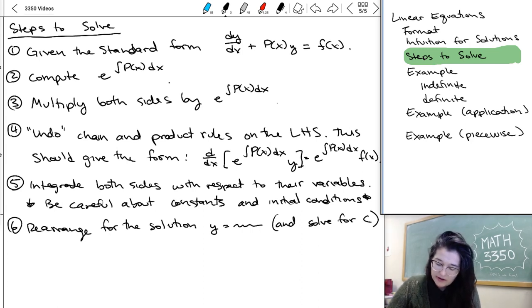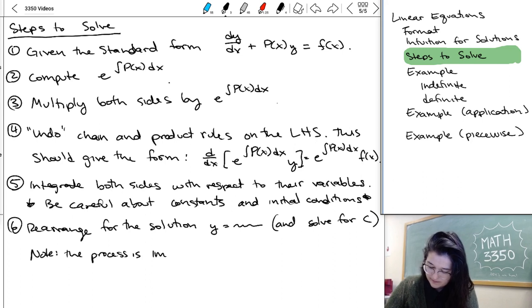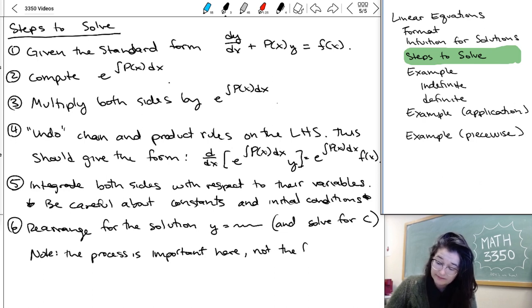I really want you to note that I care about the process, not the formula. So the thing that makes this a differential equations problem is that you start from a differential equation and you learn how to manipulate it in a way that it becomes a calculus problem.